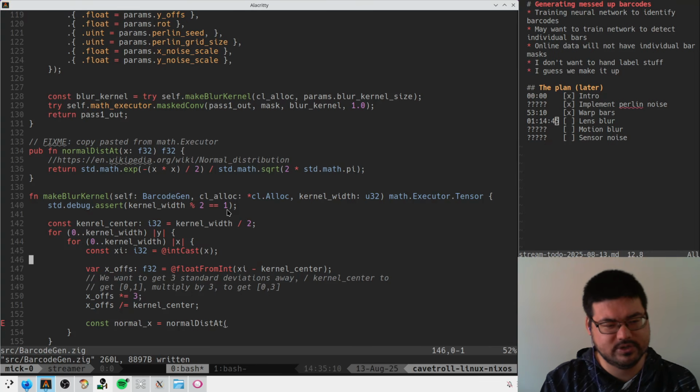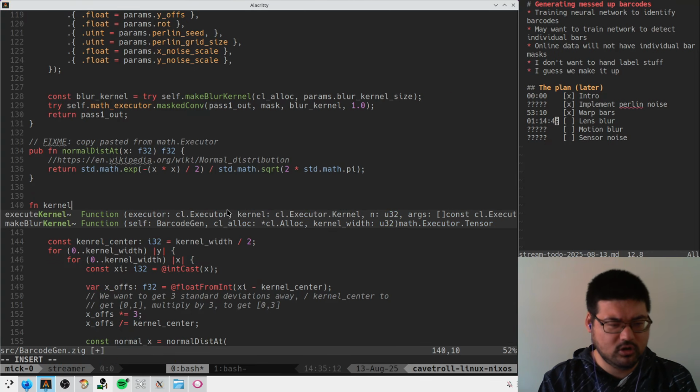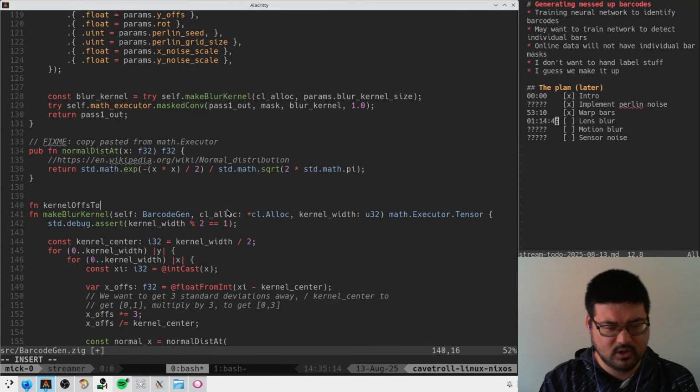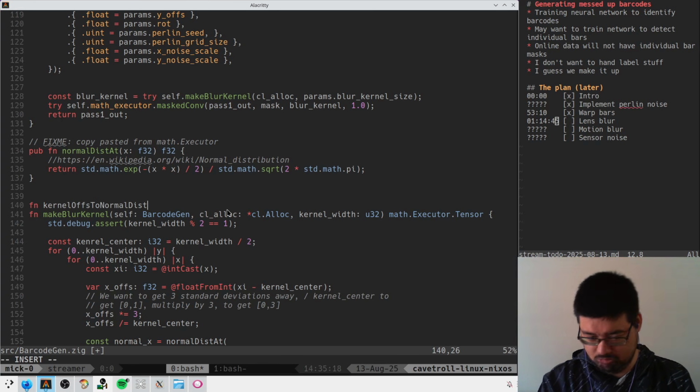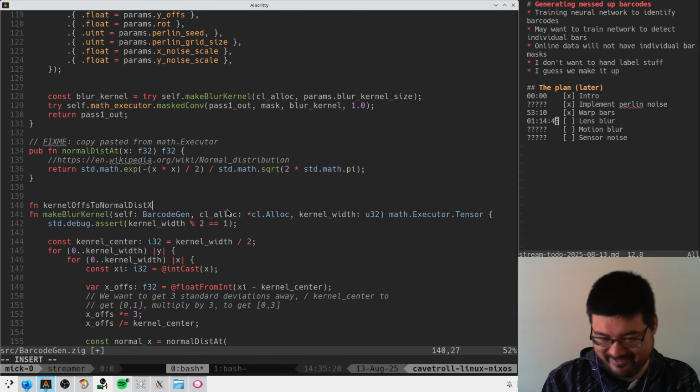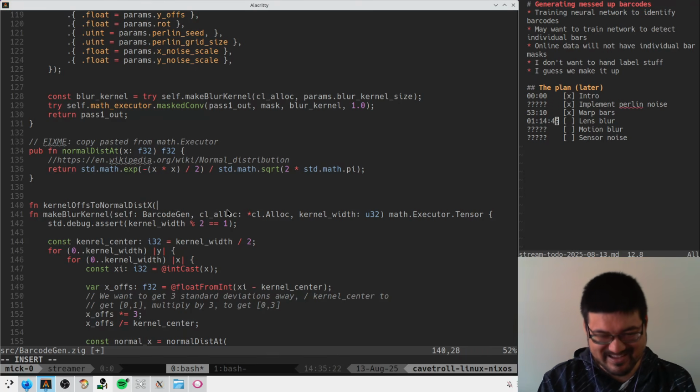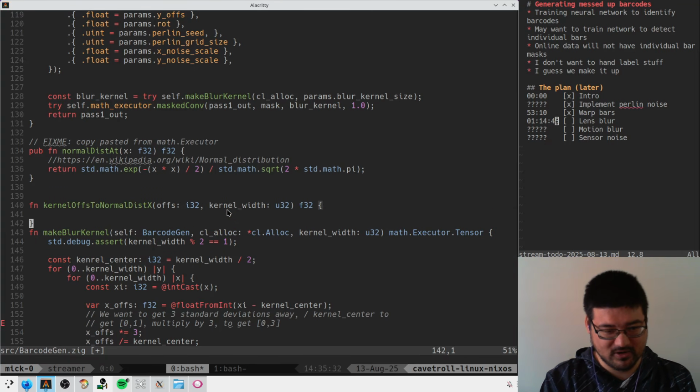And I guess we want to do kernel offs to normal dist x. Takes in kernel width, takes in the offs and returns a floating point number.